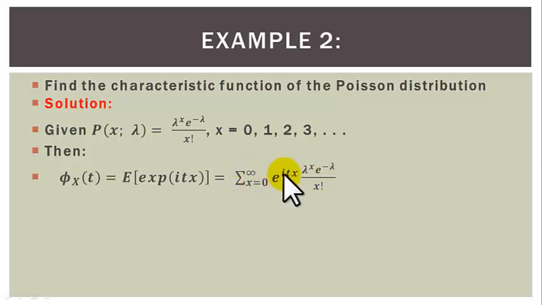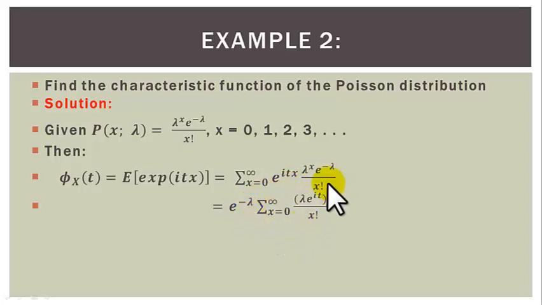Now multiplying exponent itx and lambda to power x, this will give us this. Exponent minus lambda is brought outside the summation sign, so this will give us exponent minus lambda times the summation of lambda exponent it all raised to power x, that's multiplying these two, all over x factorial, where x goes from 0 to infinity. Please note that this sum is exponent this.